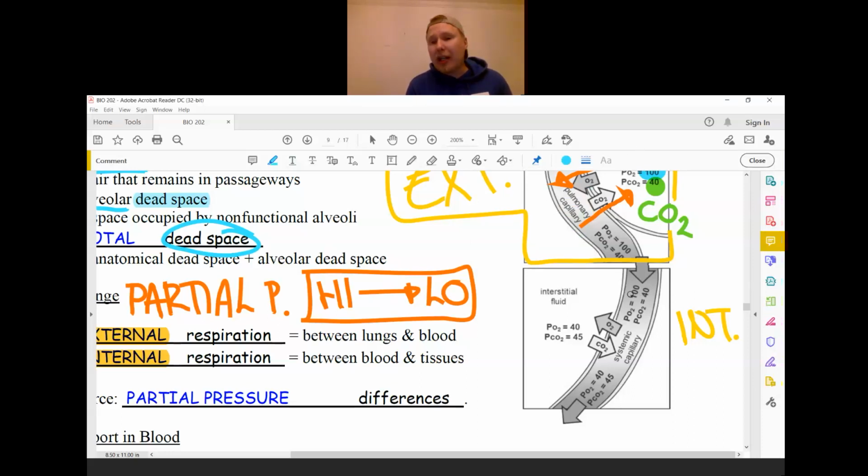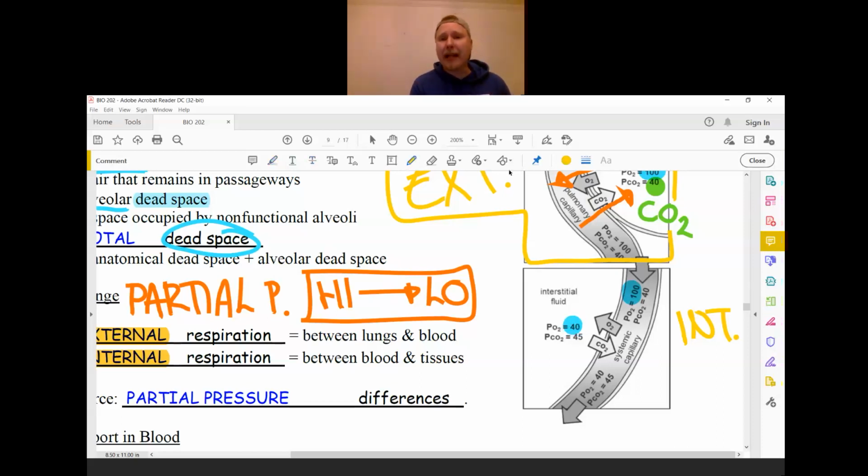So now that we've exchanged the gases at the pulmonary circulation, the partial pressure of oxygen that arrives to the systemic circulation is going to be the same 100 millimeters of mercury, whereas within the tissues, it's going to be 40 millimeters of mercury.